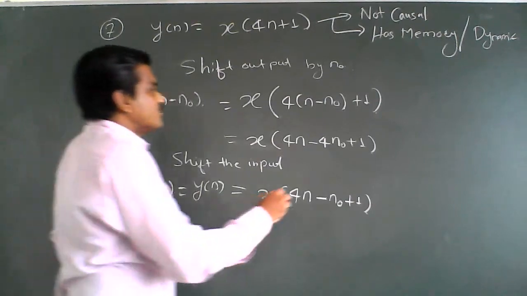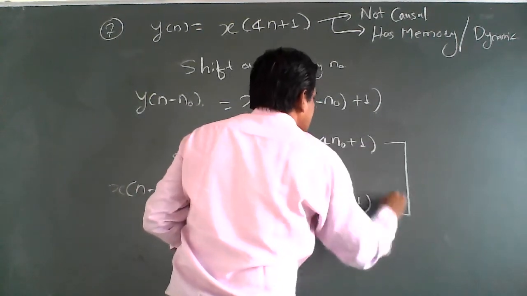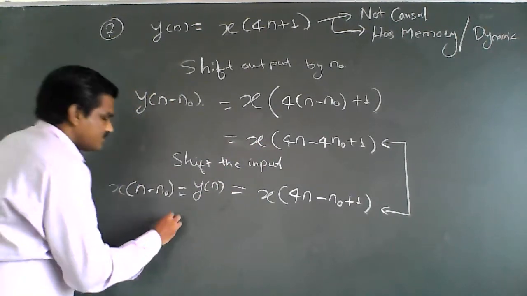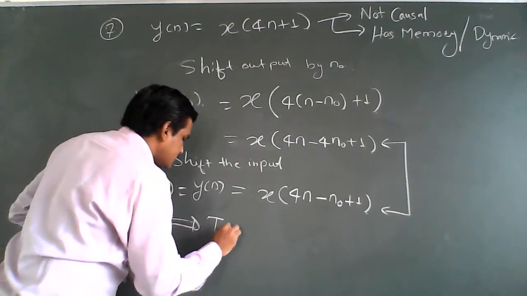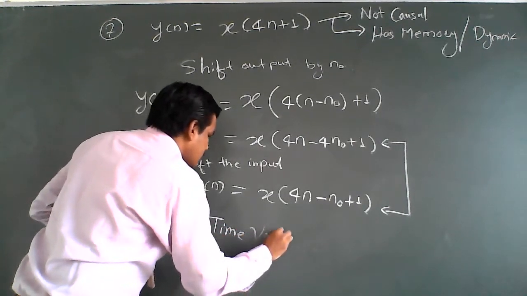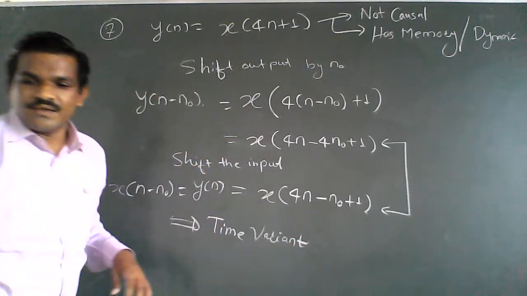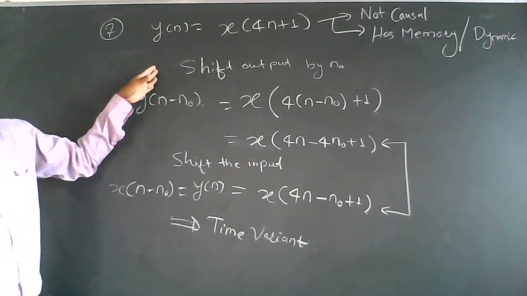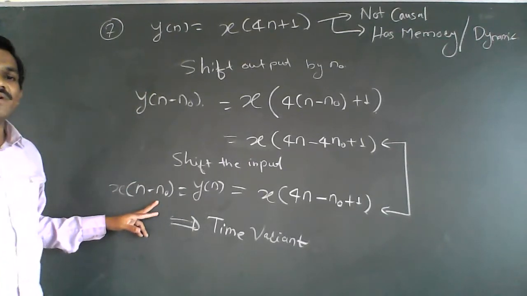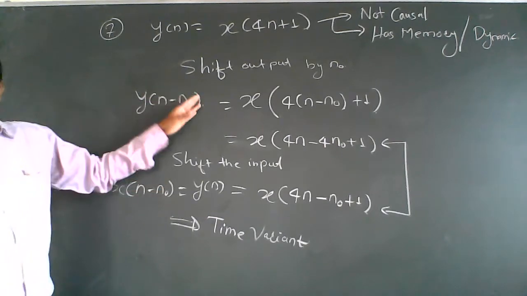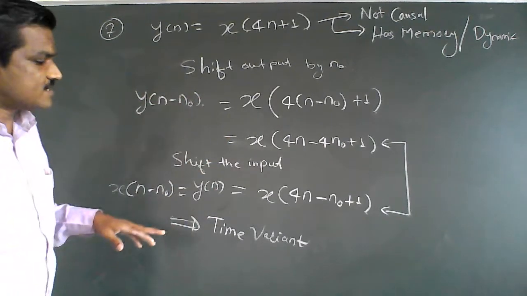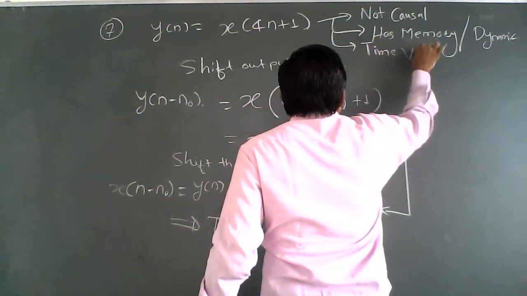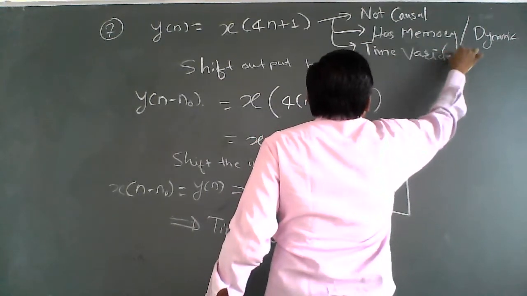From these two equations, we can clearly state that this system is time variant. Why? Because a shift at the output does not correspond to a shift at the input, or you can say a shift at the input does not correspond to a shift at the output. That's why the system is time variant.